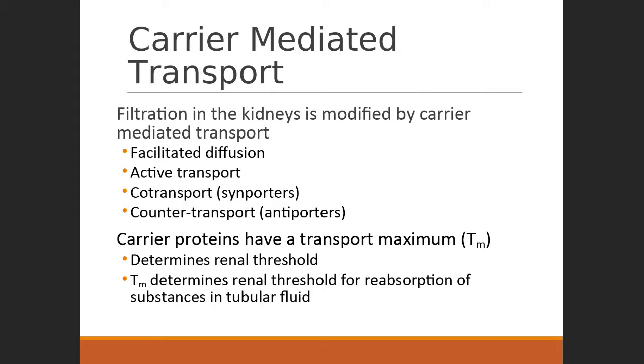So in a normal blood sugar situation, you've got enough time for the protein carriers present to reabsorb 100% of the glucose that just got filtered, putting it back into the blood, reestablishing blood glucose levels, and as a result, no glucose makes it to the urine.